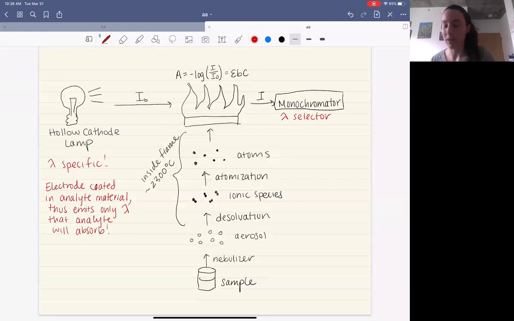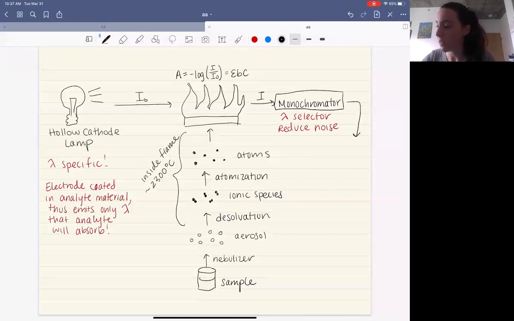The reason we want to use a wavelength selector in this situation is that our flame emits a bunch of random wavelengths, and since we only care about the one wavelength that our hollow cathode lamp is emitting, we want to make sure that's the only thing we're picking up on our detector. So this is going to help reduce noise.